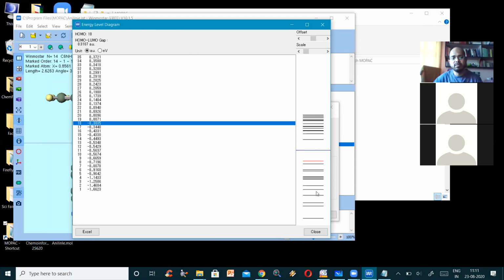These are the molecular orbitals there, and here the uppermost molecular orbital comes. You can take angstrom or you can take electron volts, both units are there. You can see this gap, highest occupied molecular orbital versus the lowest unoccupied molecular orbital gap. It will be about 8.48.